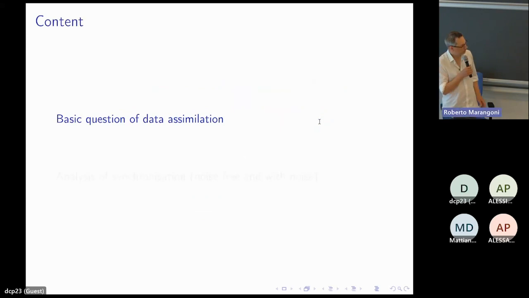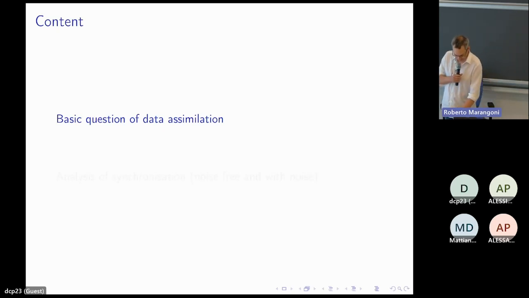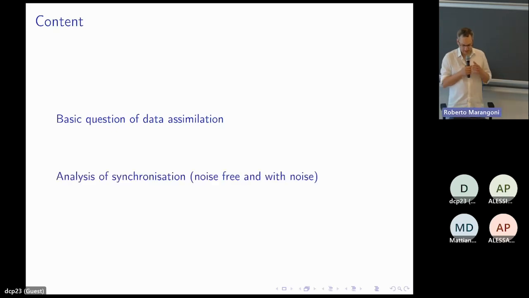And I will start with explaining to you what data assimilation is. This is a term from the geosciences, but it is a very interesting set, let's say, of mathematical problems. And then I will, as I said already, analyze a very specific approach, which in other communities is called synchronization.